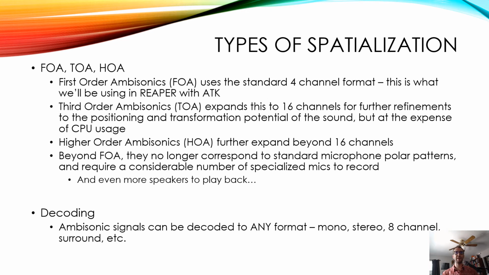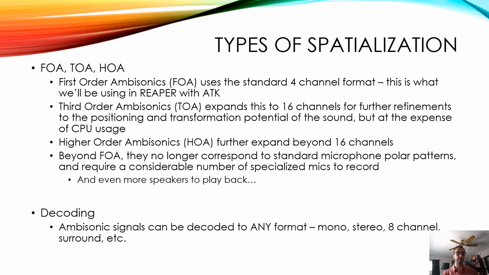There are other types of Ambisonics. There are things like first order Ambisonics or FOA, which uses the standard 4-channel format and which is what we're going to be using in Reaper with ATK. There is third order Ambisonics, which expands this up to 16 channels, allowing for further refinement to the positioning and transformation potential. It's much more accurate, but at the expense of a much, much higher CPU and DSP usage.